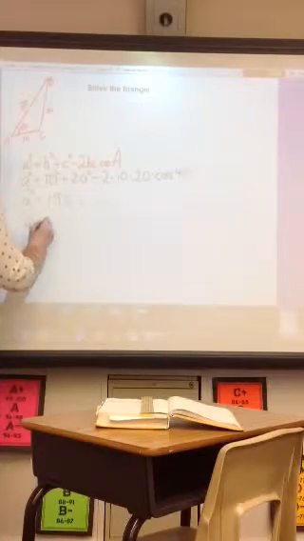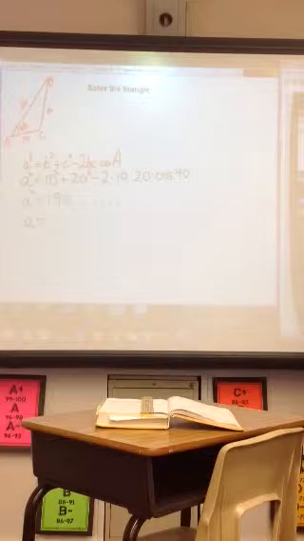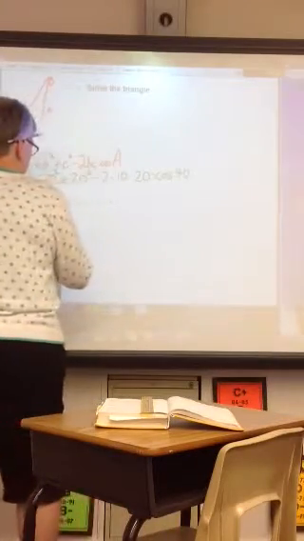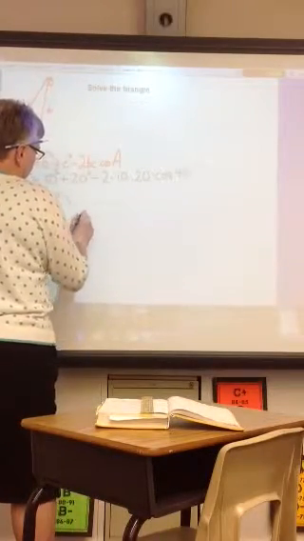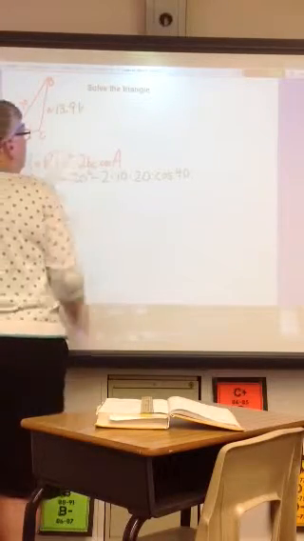But I need to find a, which means I need to take the square root of this. So you go second square root, and you get your answer. And this is 13.91. So I found this side, 13.91.